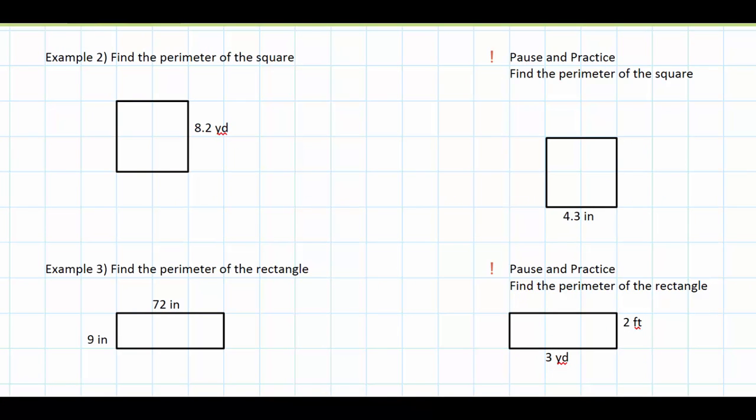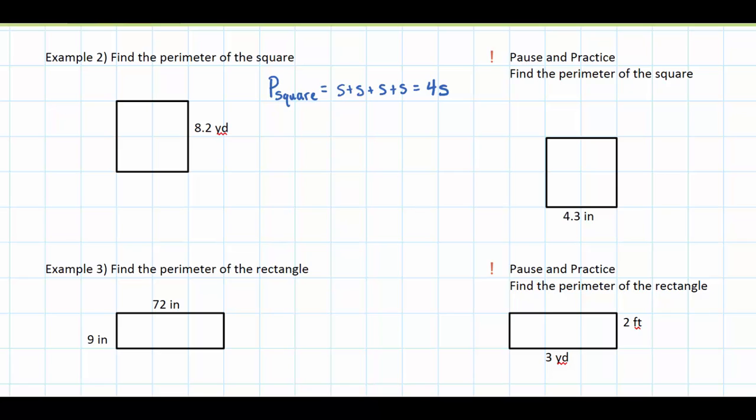The formula for the perimeter of a square is side plus side plus side plus side, which is the same as 4 times one side. Let's find the perimeter of a square. We have a square with sides of 8.2 yards. All the sides are 8.2 yards.